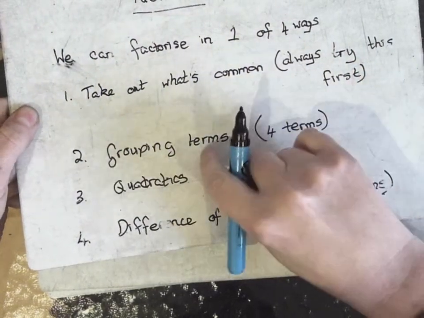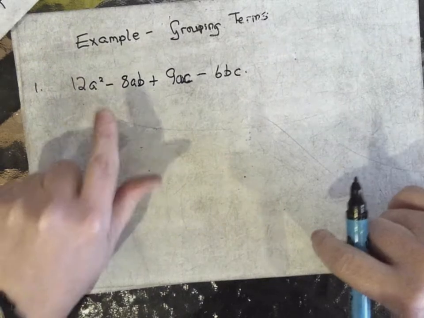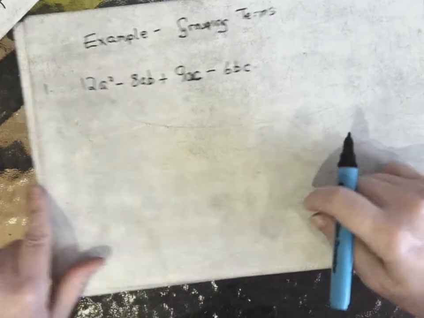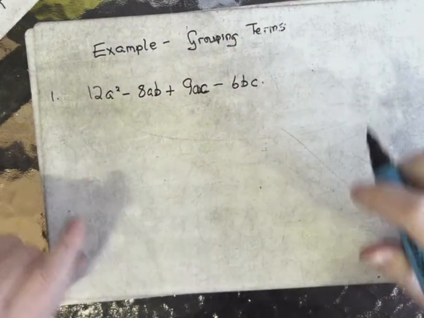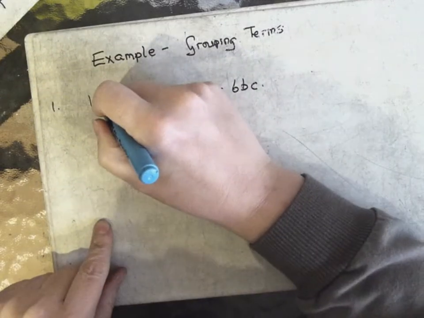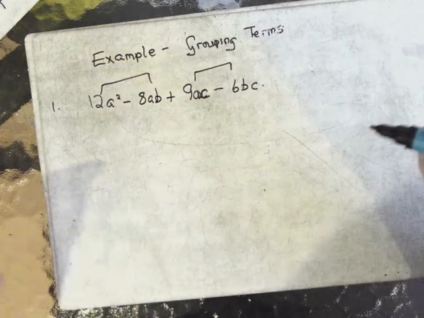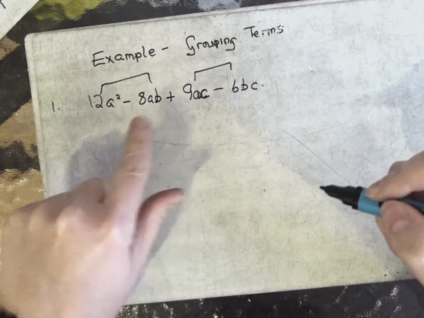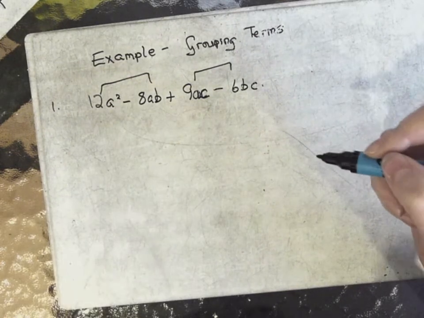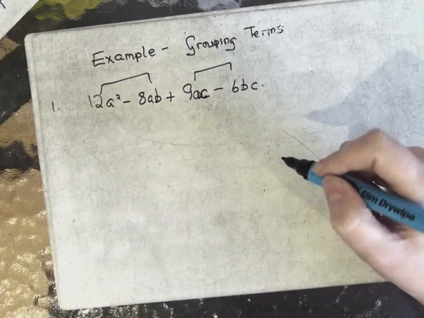If there's 4 terms, it must be number 2, and there's 4 terms: 1, 2, 3, 4. Grouping means you pair them up. So you pair 1 with 2 and 3 with 4. Now you can move them around if you wish and do 1 with 3 and 2 with 4, but it's whatever you find easiest.